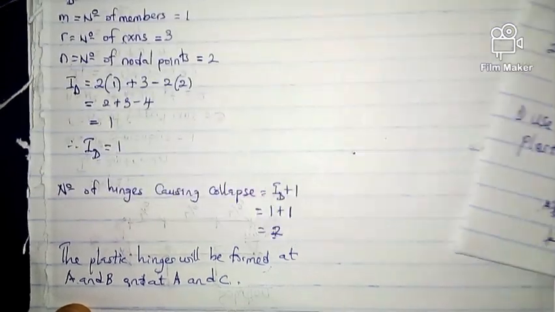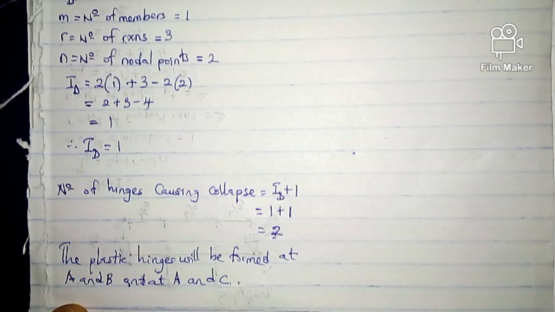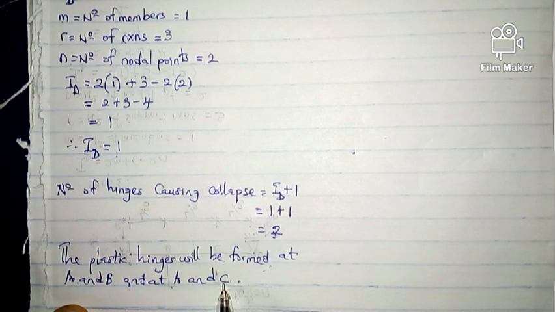The first mechanism is mechanism AB and the second is mechanism AC. So we are going to solve this further.